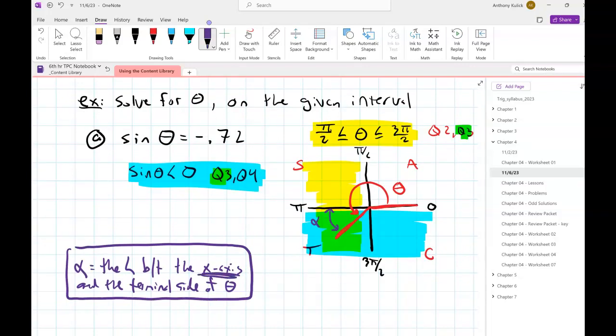I'm going to underline x-axis because this is the part that I see students make mistakes on. Some of us will try to put that alpha in between the y-axis and the terminal side. No, no, no, no, no. It has to be the x-axis, or what we're about to do will not work all the time. Okay?